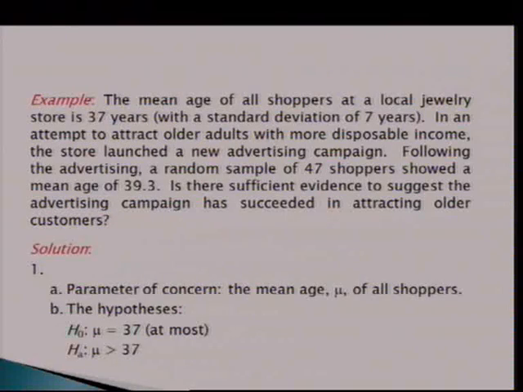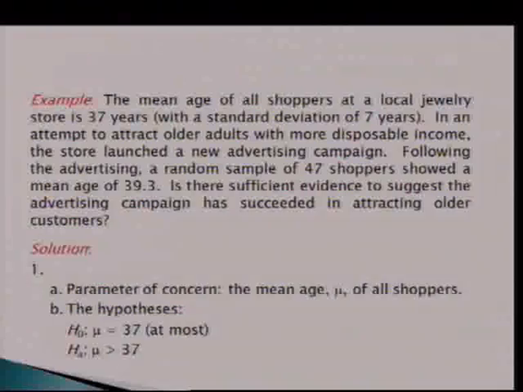Now let us take another example, taking a different tail now. The mean age of all shoppers at a local jewelry store is 37 years with a standard deviation of 7 years. This is our claim.